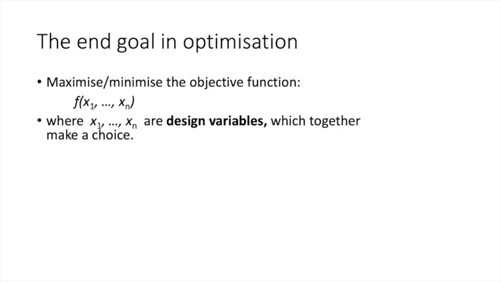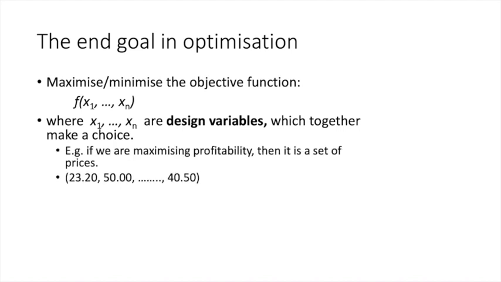The variables x1 to xn are called the design variables because their values are chosen to design a system or a solution to our problem. And the function f then just tests out how good that solution is.